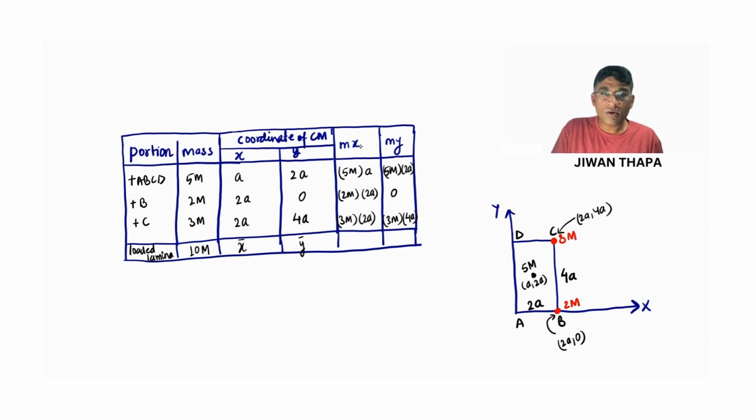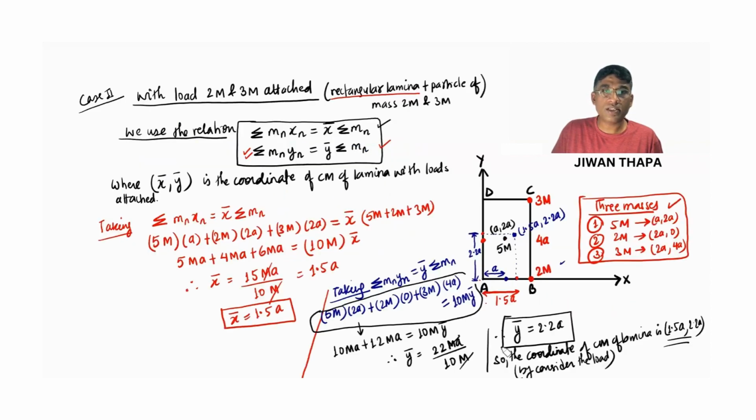So when you look into this calculation, summation mn xn equals x bar summation mn, and x bar summation mn is this, 10m times x bar.